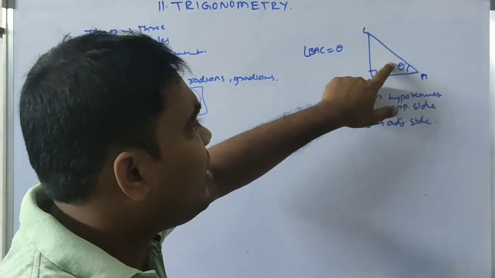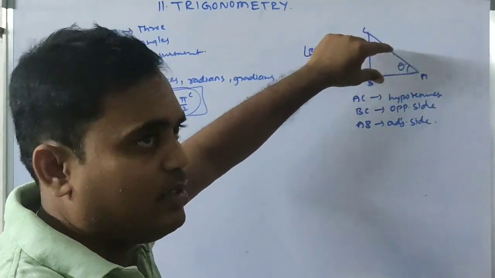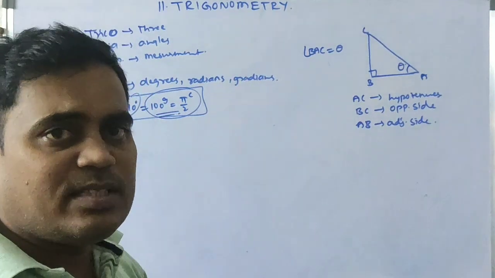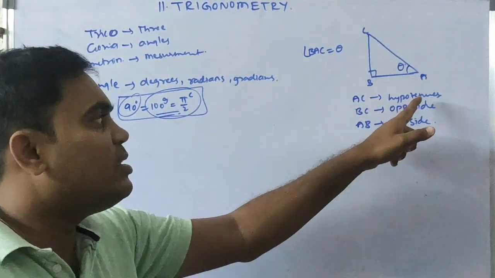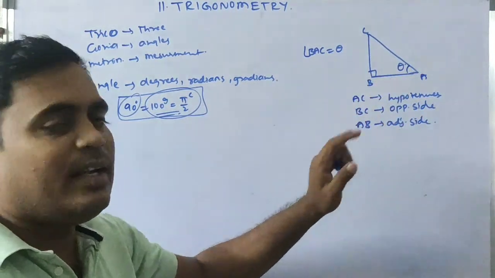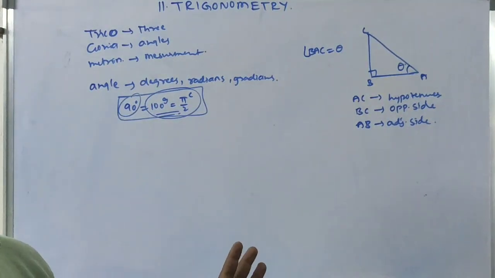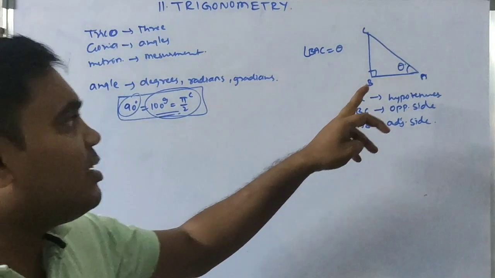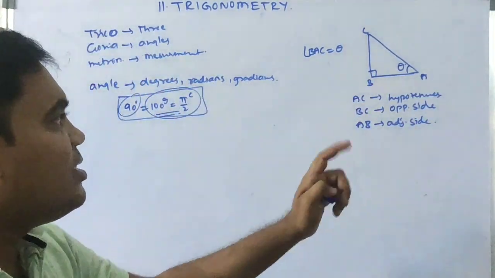To angle theta, AB and AC both are adjacent sides. But AC is already named the hypotenuse. That's why the remaining side AB we call the adjacent side.